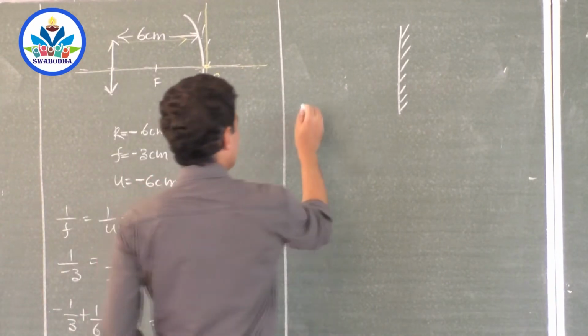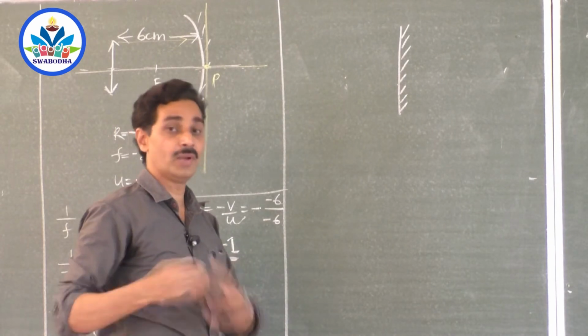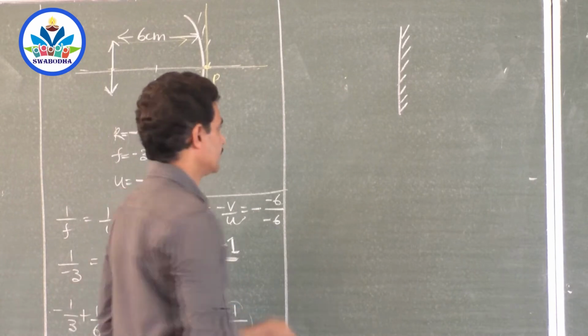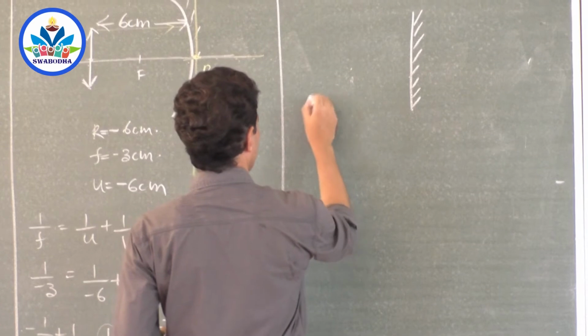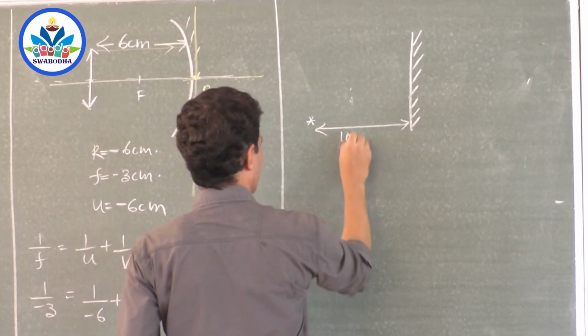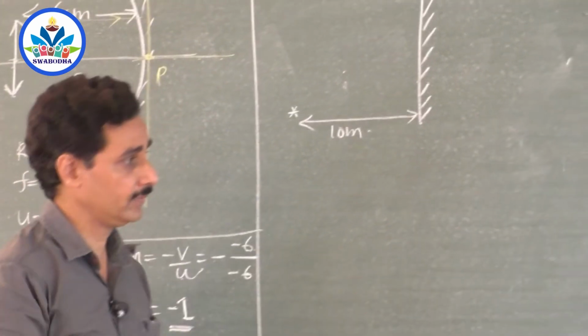Now we will take a generalized case. I will take all the data with 1 meter, or 10 meters, so that it becomes easy for analysis. I will analyze the problem, then we will go to the problem.